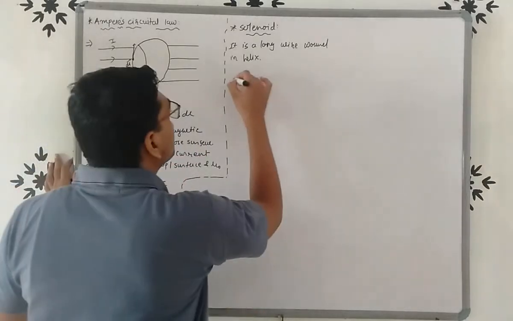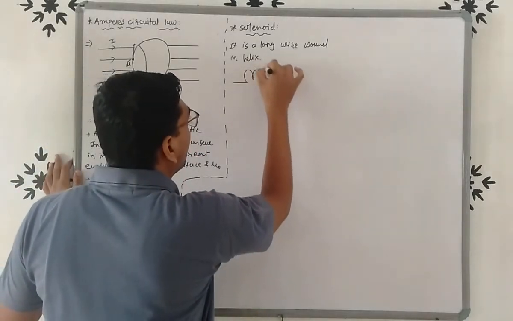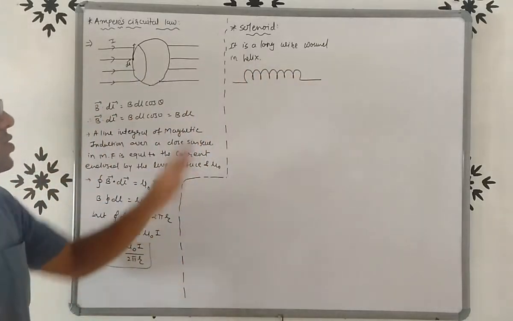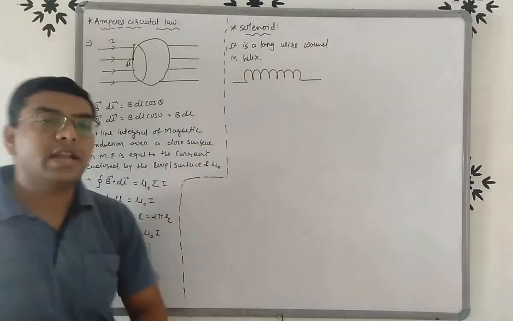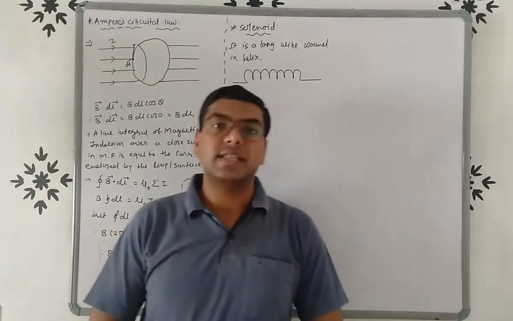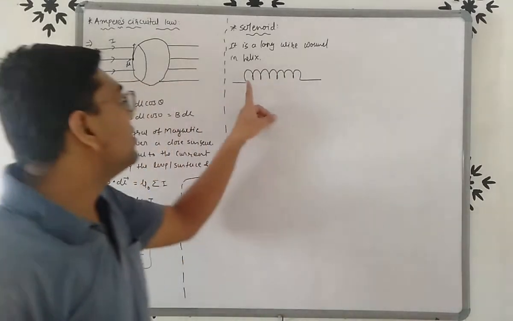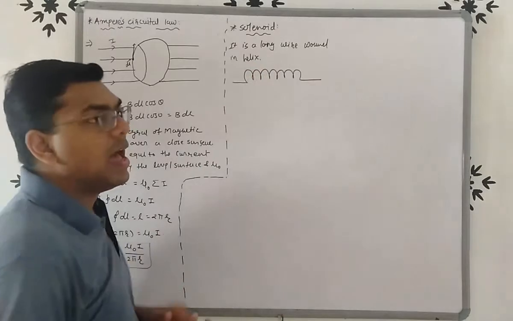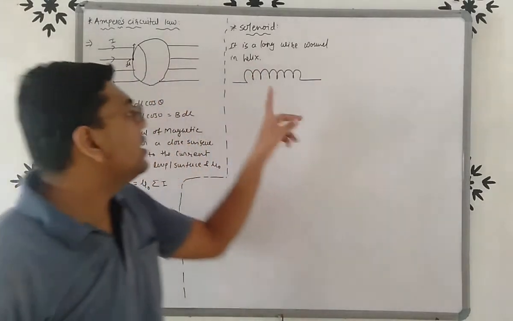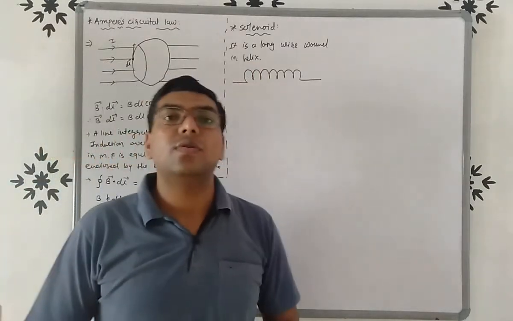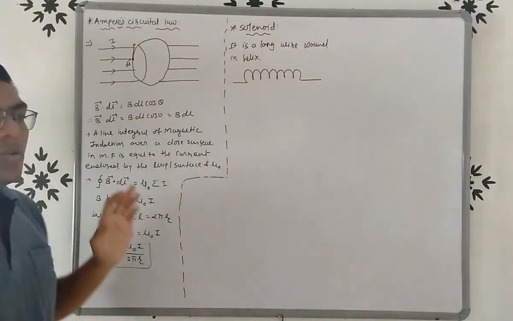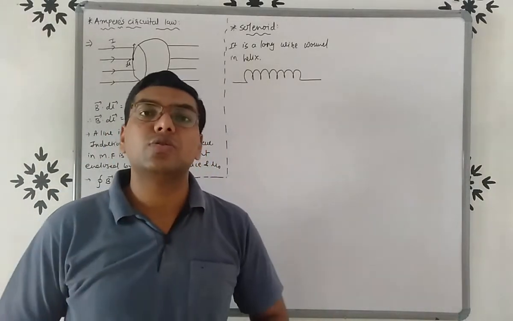So the solenoid is like this. And here the wire is wound with insulator, right? You have to remember that the wires are wound with insulator, because there is a current passing through it and the turns are very close to each other.